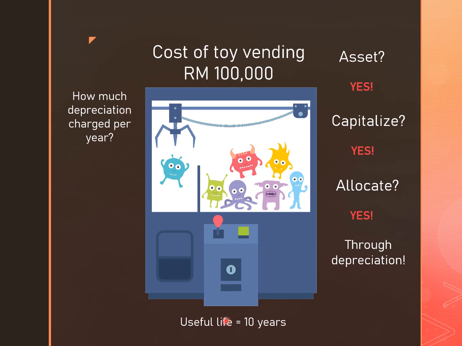Kita kena tengok useful life of the vending ni. So, vending ni can be used up to 10 years. So, macam mana nak kira depreciation? Is 100,000 bahagi dengan 10 years. So, dapatlah 10,000 per year. So, this is how you depreciate a tangible non-current asset, one of the long-lived asset, which falls under PPE, property, plant and equipment.